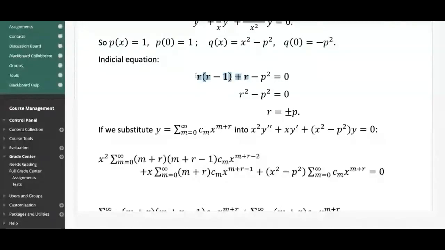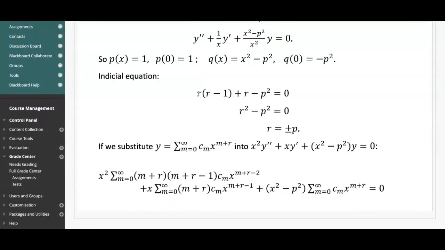So we use the indicial equation. Remember, the indicial equation is r times r minus 1 times P naught, plus r times P naught, plus Q naught. P naught is just P of 0, which is 1 in this case. Q naught is just Q of 0, which is negative p squared.